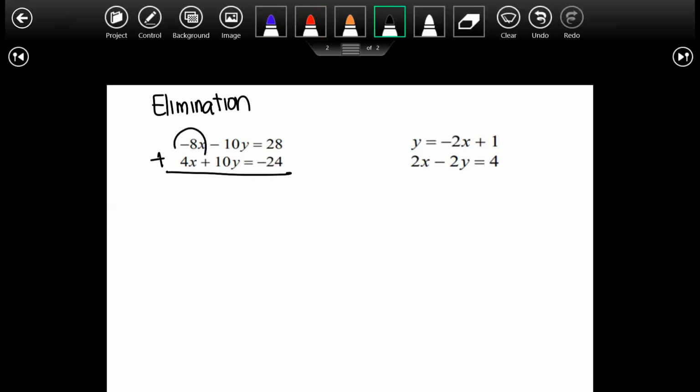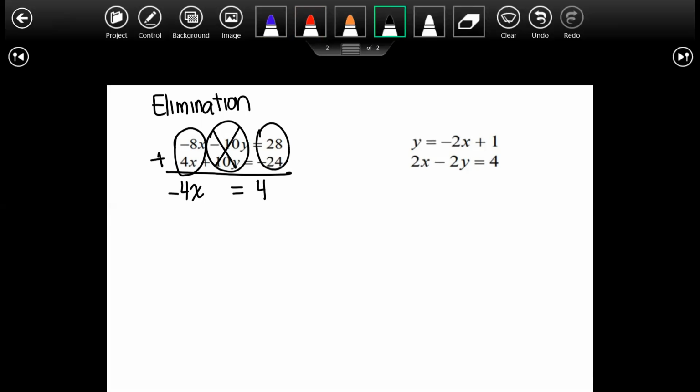Our first column, negative 8x and 4x is just going to give me negative 4x. Negative 10y and 10y is going to cancel. We're eliminating a column. 28 and negative 24 is positive 4.